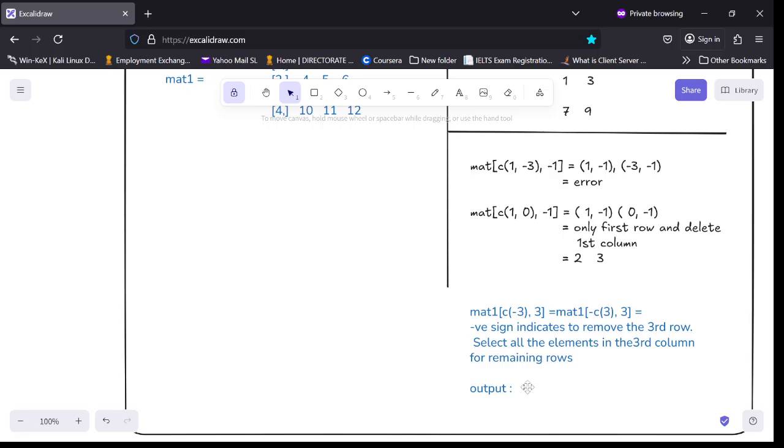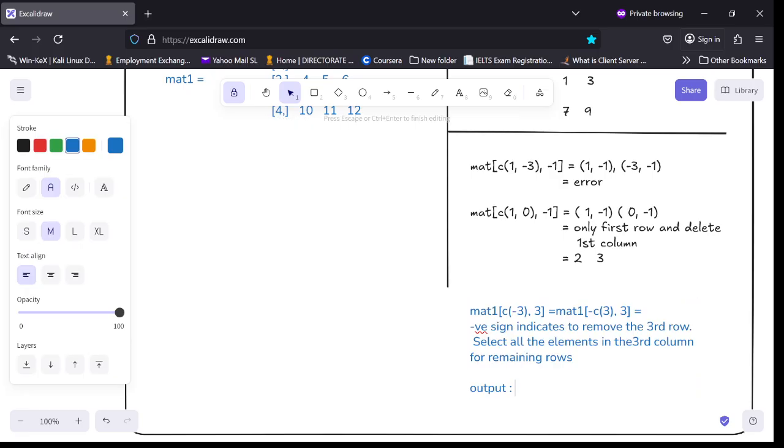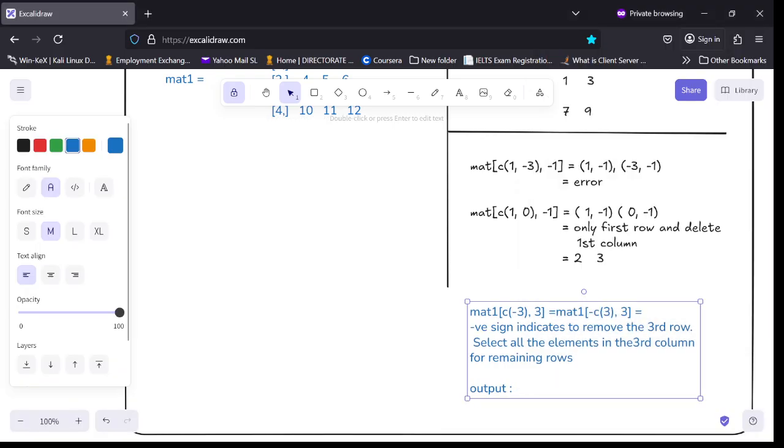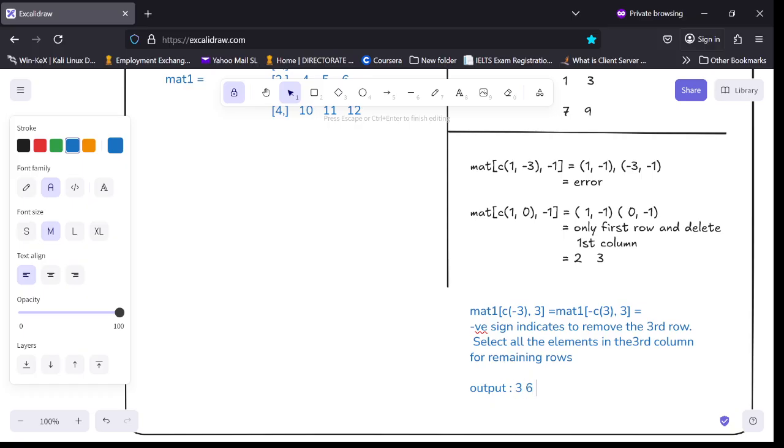If I want to see the output here, let's look at this. If I remove this, 3, 6, 12 will be there. So the output is 3, 6 and 12. Again, there is a very important thing: this output is a vector, not a matrix.